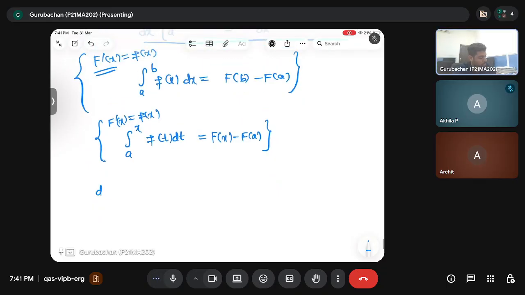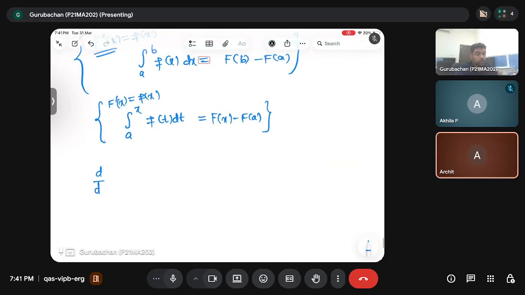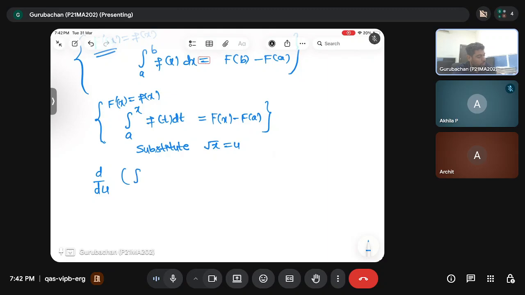But here if you observe, there is not x. What is here? Under root x. So remember the chain rule. You can substitute under root x as some u. So this will be the differentiation d by du of the integral from 0 to u of cos of t. The inside terms will be the same as it is.